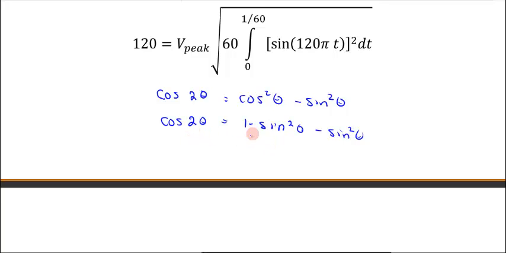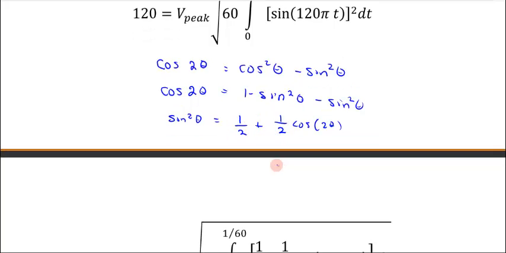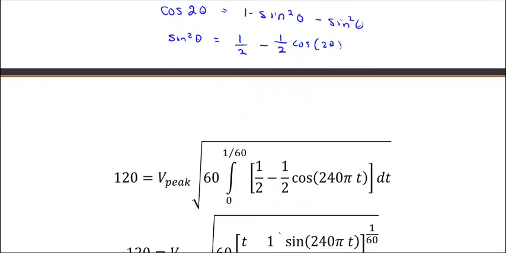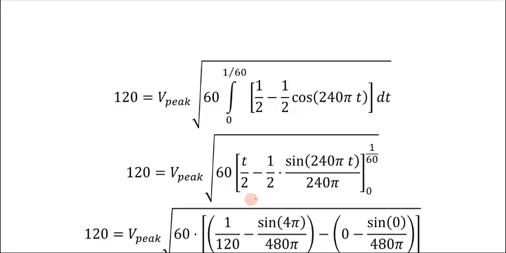If we solve this for sine squared, we get sine squared of theta is equal to 1/2 plus 1/2 cosine of 2 theta. Now just let theta be 120 pi t, and we get 1/2 plus 1/2 cosine of 240 pi t. Actually, I think this is supposed to be a minus sign. And so when we integrate this, I get t over 2.